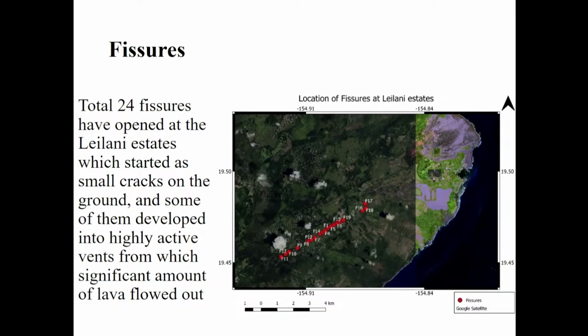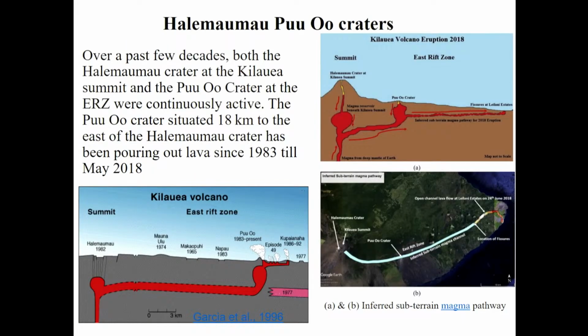A model was also created so that one will be able to understand the underground magma movement as well as the lava flow on the surface. Here you can see the Helmamau crater.